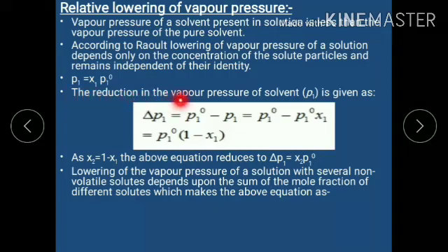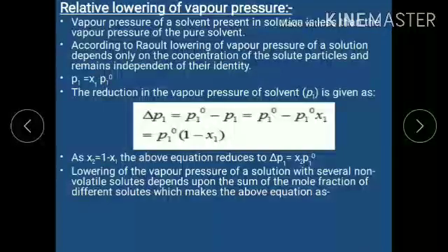The reduction in the vapor pressure of the solvent, delta P1, is given by delta P1 = P1 naught minus P1. If I put the value of P1, which is x1 P1 naught, the formula converts to delta P1 = P1 naught minus x1 P1 naught. If you take P1 naught common, it becomes delta P1 = P1 naught (1 minus x1).